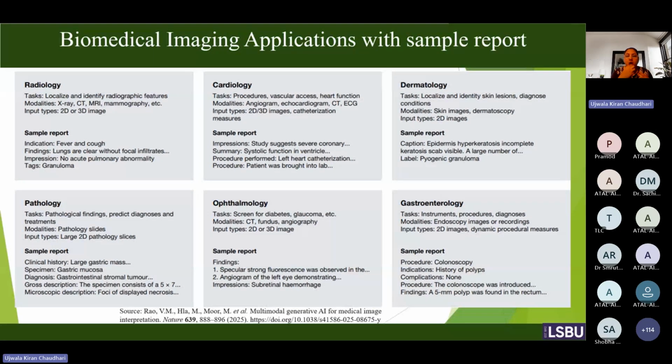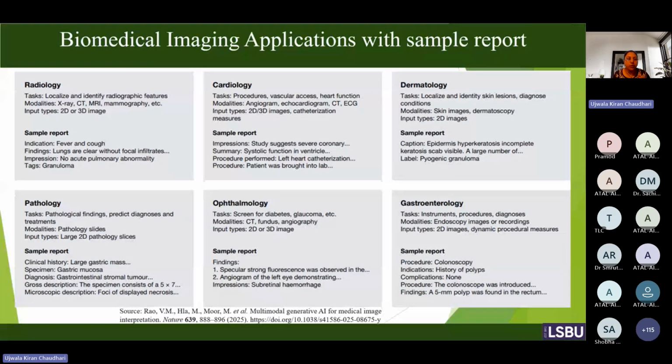As I was telling earlier, we can always integrate different kinds of data. In one research work, the idea suggested is integrating different modalities like X-ray, CT scan, MRIs, and different kinds of inputs such as textual information, basically the reports. You can generate a sample report.